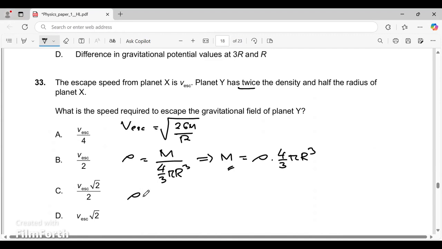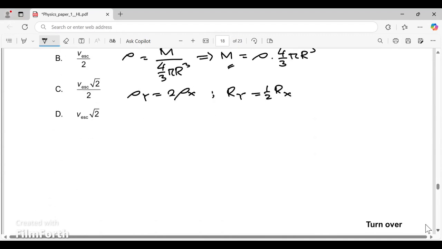It means rho Y equals 2 rho X. And the radius of planet Y is half that of planet X. It means radius of planet Y equals 1/2 the radius of planet X. So the mass of planet Y will be like this: M Y equals rho Y times 4/3 pi r Y cubed, according to this information.